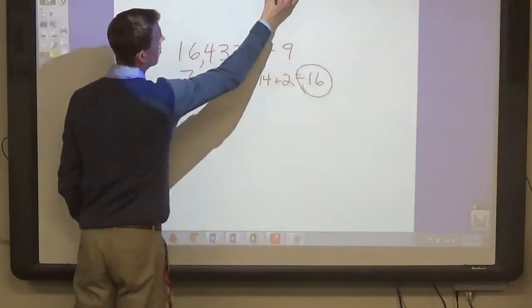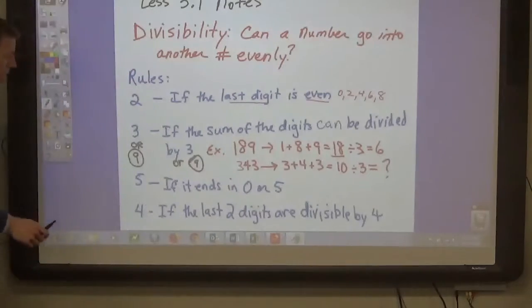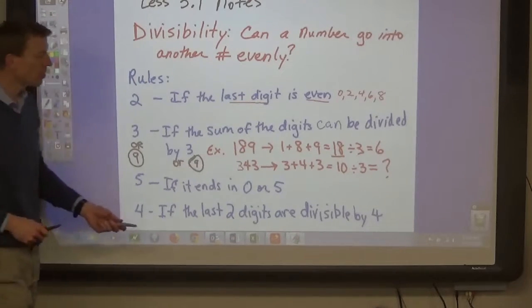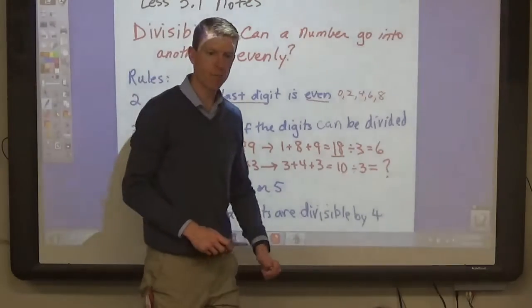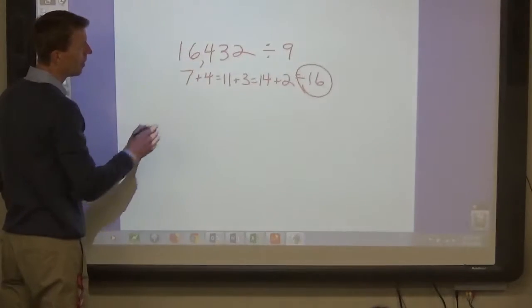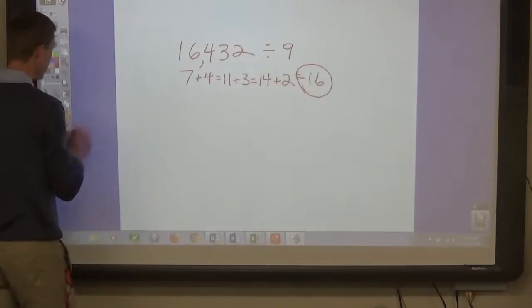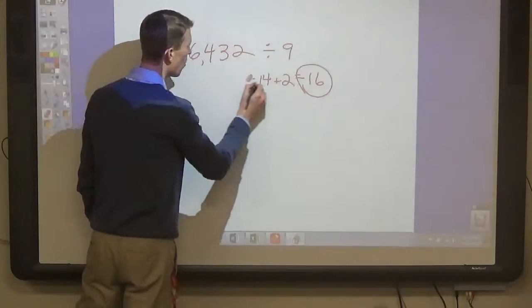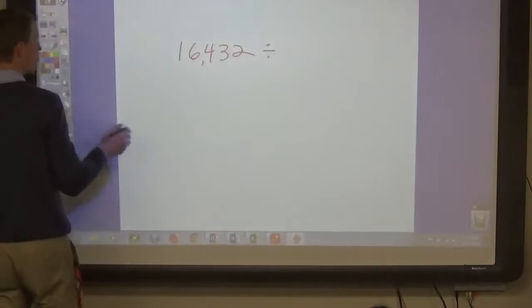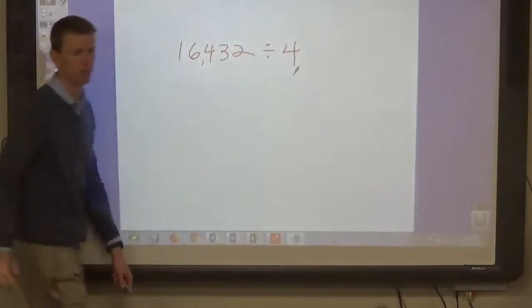Let's go back to our notes. How about the rule for 4? It says if the last 2 digits are divisible by 4, then the number is divisible by 4. So, let's take this same number. Quiet, please.